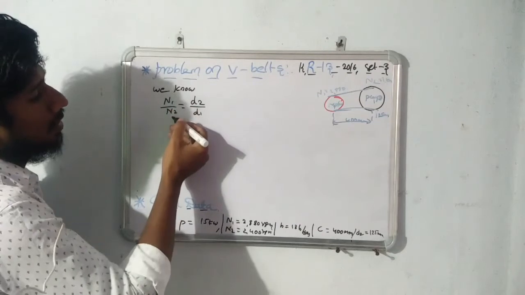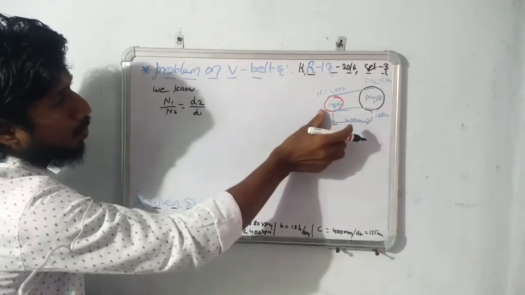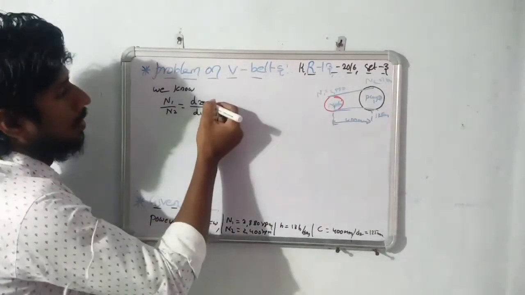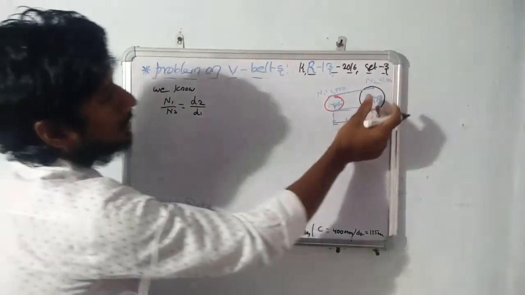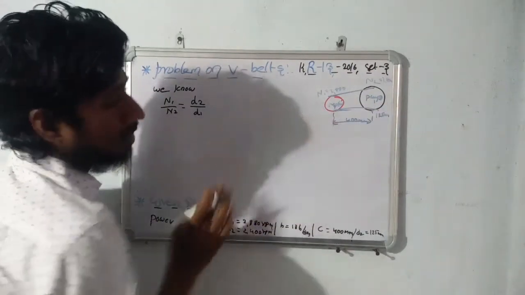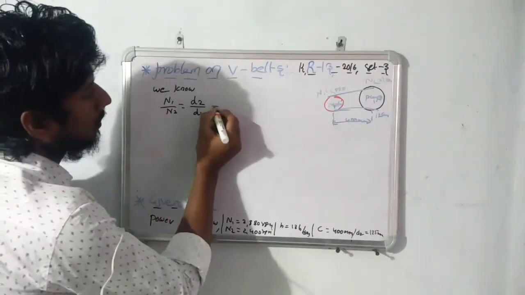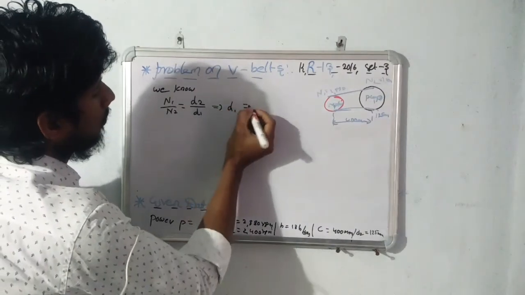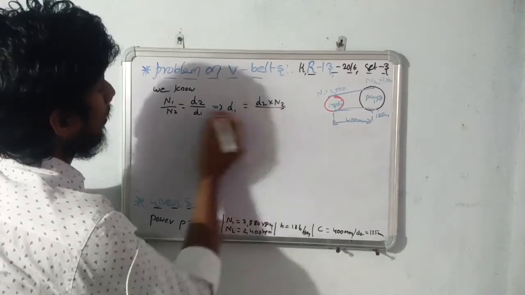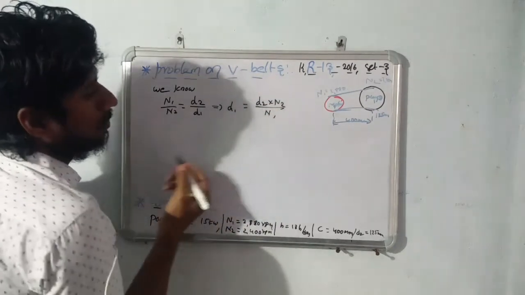Here N1 is the speed of the motor and N2 is the speed of the pump. Similarly, D2 is the diameter of the pump pulley and D1 is the diameter of the motor pulley. So from this, D1 equals D2 into N2 by N1.